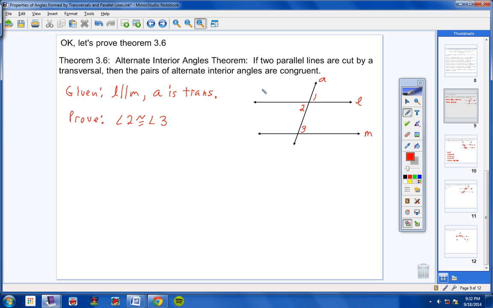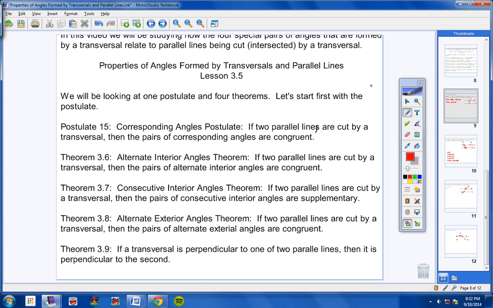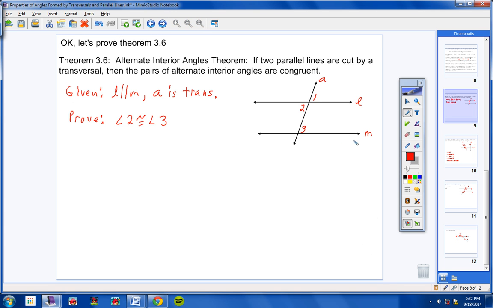Now, the next thing we do is we brainstorm. Now remember what I just taught you guys a couple minutes ago, students. Remember, if I'm proving theorem 3.6, I don't have to use postulate 15, but I'm allowed to if I want to, and I'm definitely going to. Look at this. If two parallel lines are cut by a transversal, I know that my corresponding angles are congruent. So let's brainstorm here.